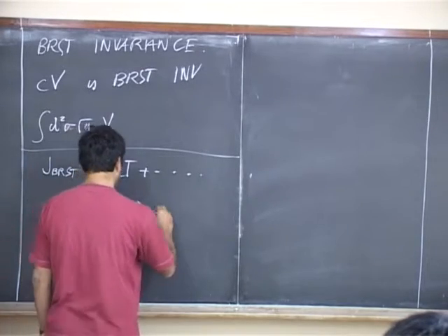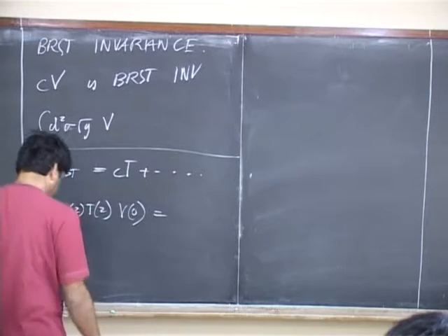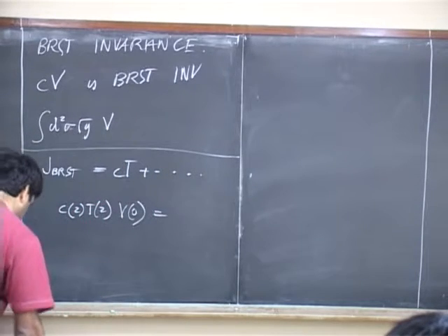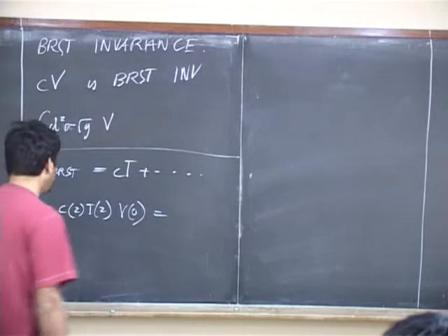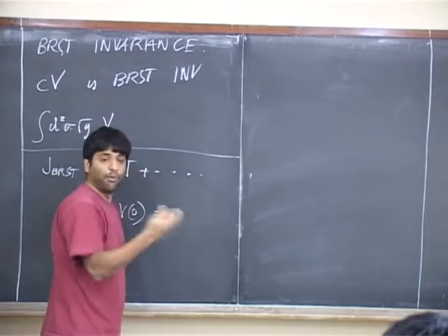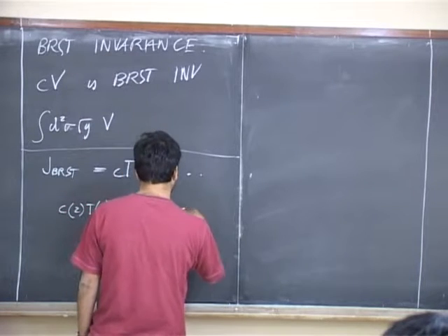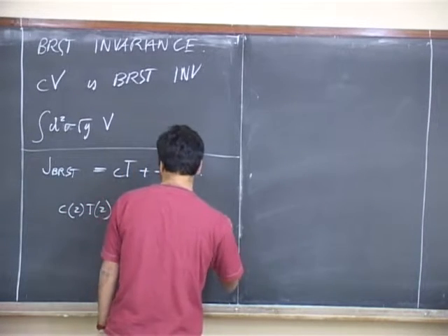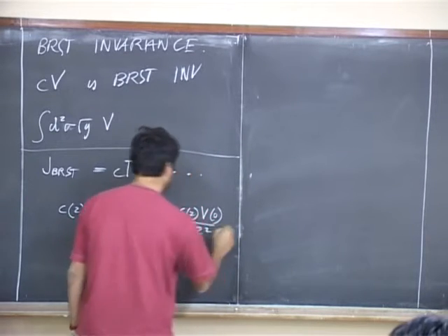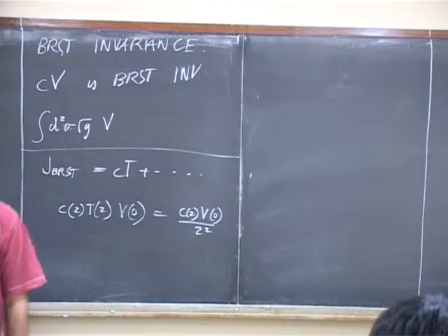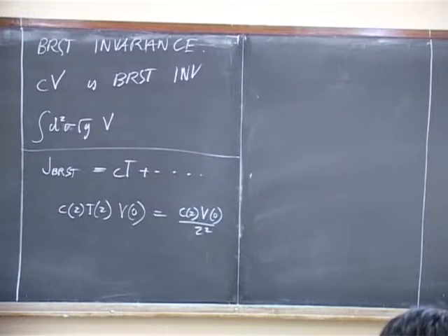You see, we know that the operator is (1,1). So that tells us that the double pole of it is c(z) times V(0) by z squared, because c is just going on to the right.